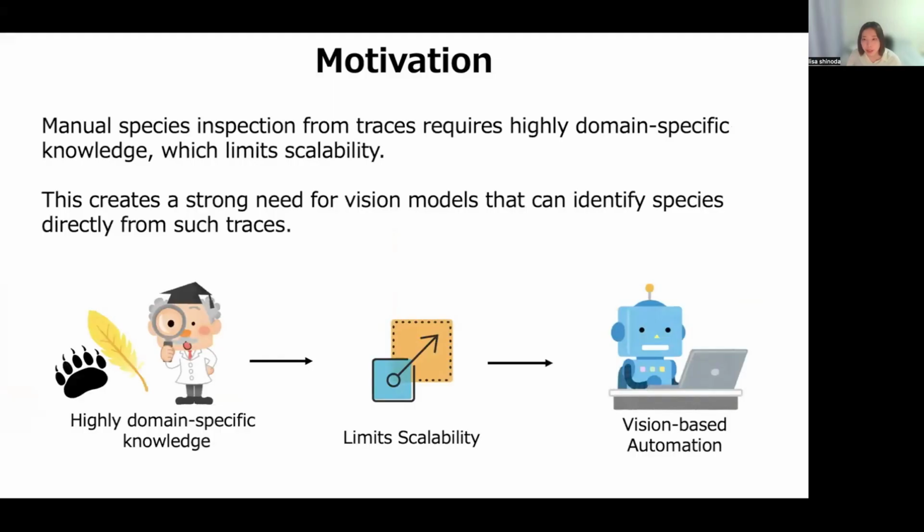However, manual species inspection from traces requires highly domain-specific knowledge, which limits scalability. This creates a strong need for visual models that can identify species directly from such traces.